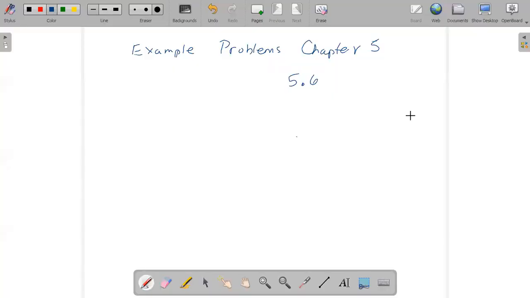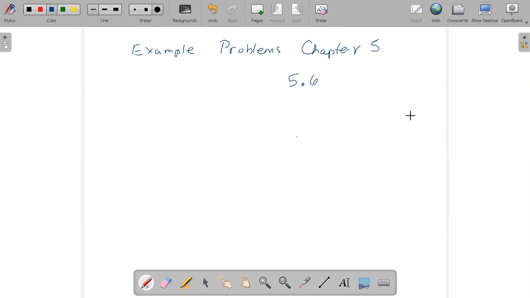All right. Example 5.6 says, a rock is attached to a string of length 0.76 meters and swung in a circle at constant speed.